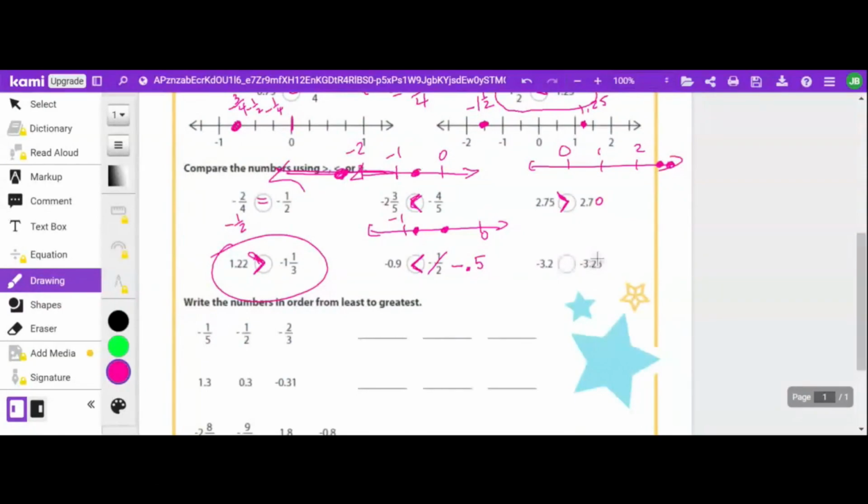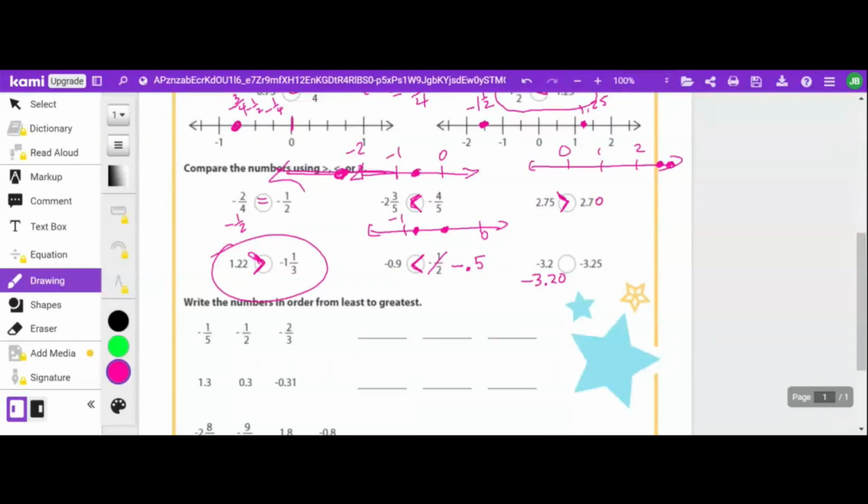Okay, on this one, we have a negative 3.2 and a negative 3.25. Since this has 2 decimal places, I ought to write this one with 2 decimal places, and I can do that by adding a 0 on the end. One of those is further left, further out on the number line. Careful, we don't have a 3.5.